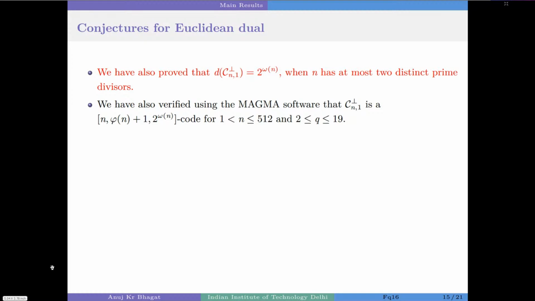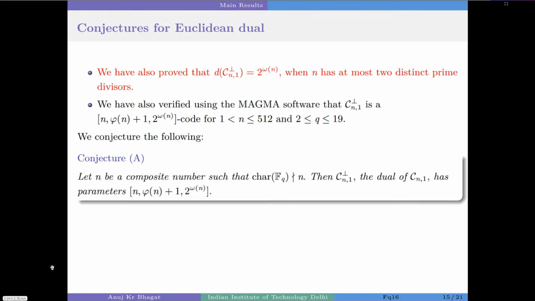So this gives the following conjecture: given any composite number n co-prime to the characteristic of the base field, the dual of C(n,1) has distance exactly 2 to the power omega(n). I have already proved that it is always less than or equal to 2 to the power omega(n), but I'm not able to prove that it is exactly equal to 2 to the power omega(n). It is still an open problem, hence a conjecture.